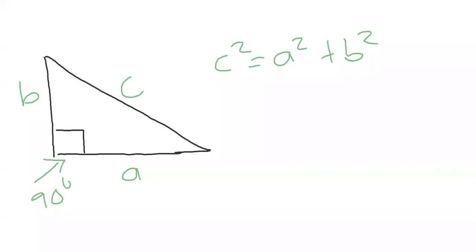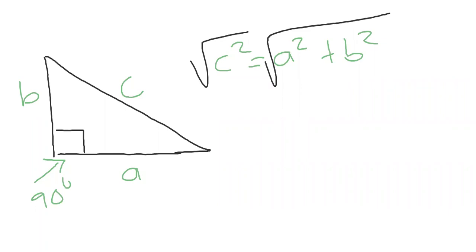But remember, we are interested in getting the value of C, not the value of C squared, which means the next thing is you have to take the square root of C squared. Mathematically, whatever you do on your right, you have to do on your left, and vice versa. So I insert the square root on my left, on the C squared, and I have to insert the square root on my right as well.